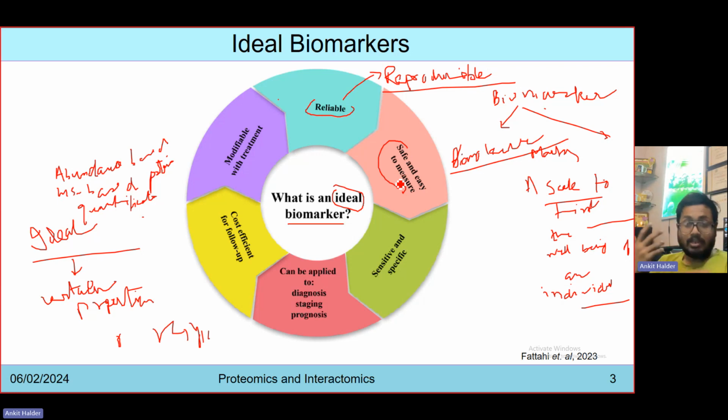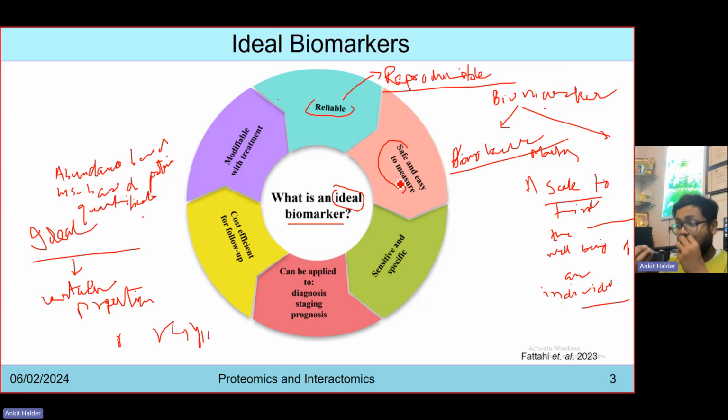For example, people are now looking at various biomarkers from saliva. A manuscript came out where researchers reported that they could find different protein markers in saliva, with the help of mass spectrometry-based proteomics, showing changes in breast cancer patients. That can be taken forward as a diagnostic marker for breast tumor.